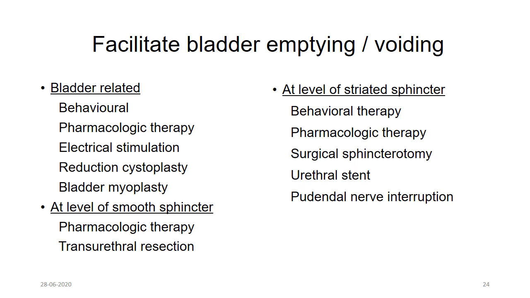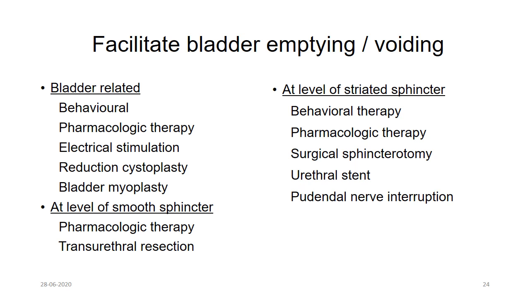First is behavioral therapy. Here, external compressions like Valsalva can be done in LMN type, whereas light suprapubic tapping can be done in UMN type bladder. Then, in pharmacological agents, we can use parasympathomimetic drugs like bethanechol.